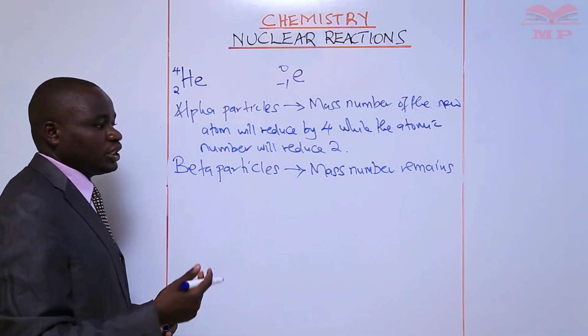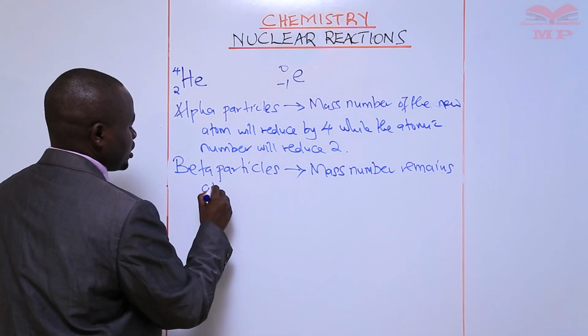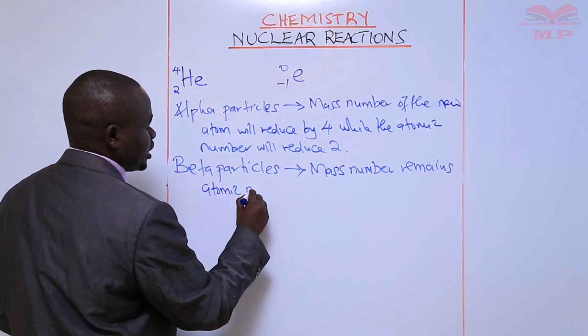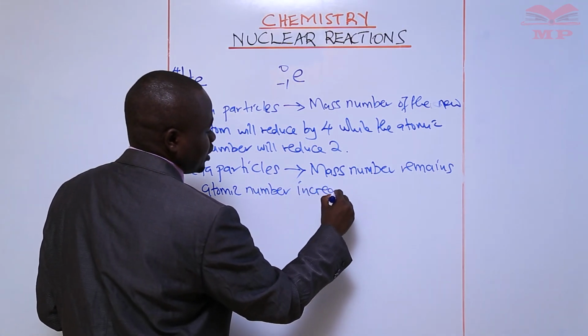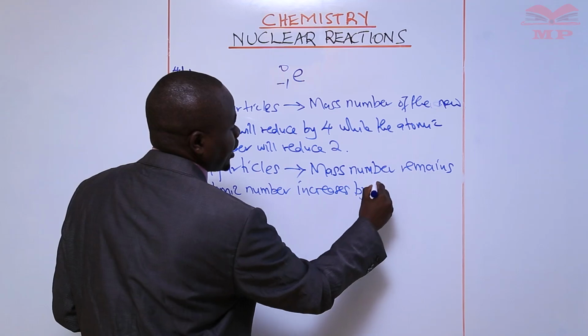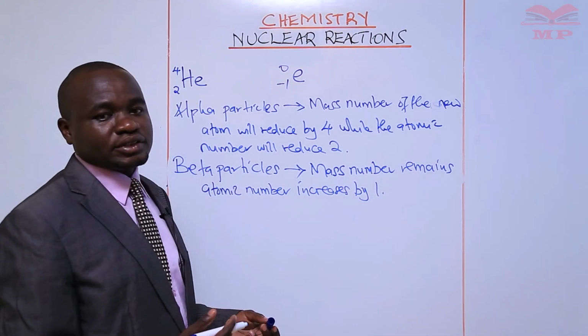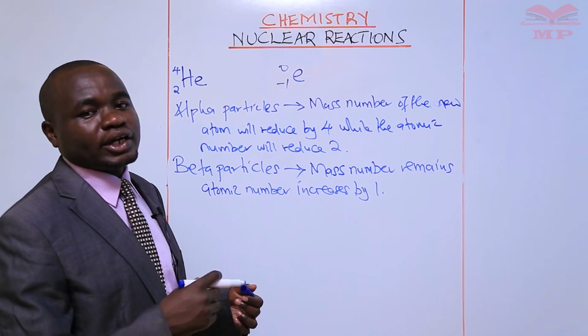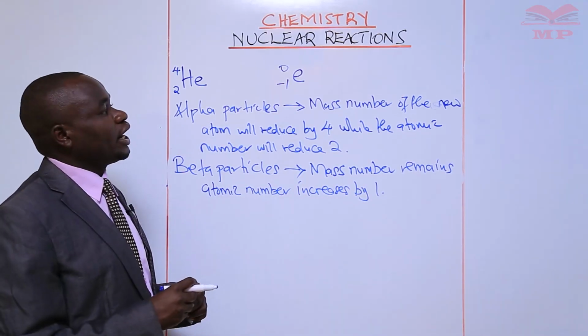The atomic number is normally increased by 1. Now for gamma rays, the mass number and atomic number are not affected, so they remain the same.